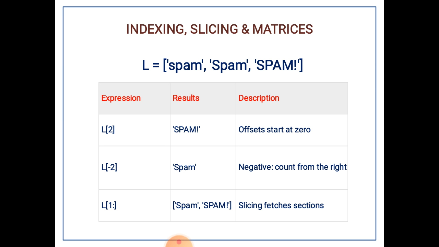So here you can see that the range L of 1 has been given, but there is no range that has to end there. So spam has been printed there. So see the difference, L of 2 and L of minus 2 is different.